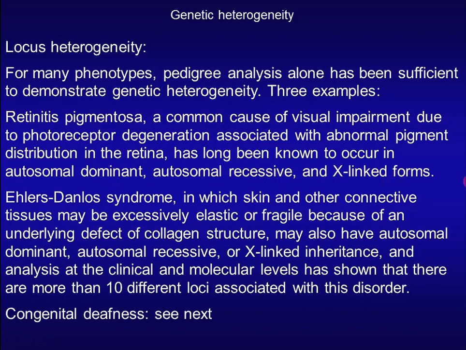The second disorder is Ehlers-Danlos syndrome that we have covered before. It has been shown that there are more than 10 different loci associated with this disorder. The third condition is congenital deafness.